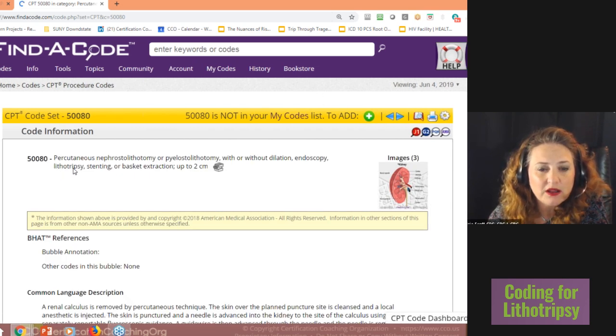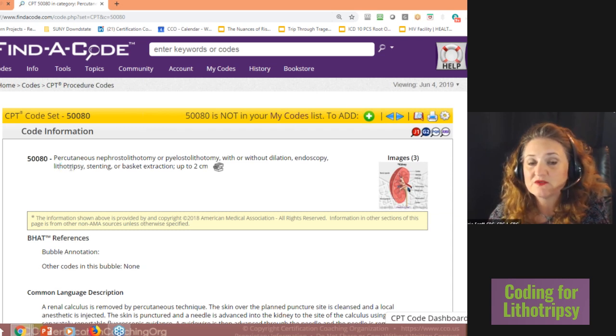All right, lithotripsy again, right here, lithotripsy. Percutaneous, okay. Now, if it's percutaneous endoscopic, that means we're visualizing something. So percutaneous, and this is a nephrolithotomy or pyelolithotomy with or without dilation.